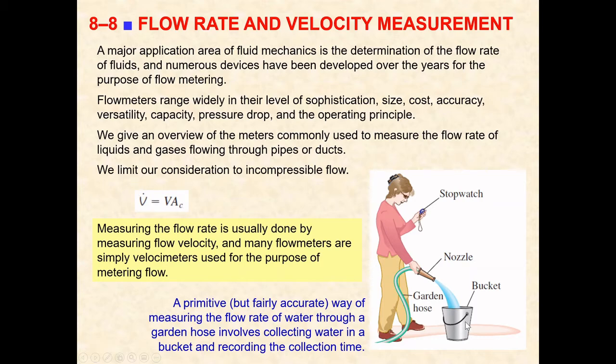So flow rate is simply the volume that passes through the nozzle and the time required for that volume of liquid to pass through. That's basically how we calculate the flow rate. Flow rate is volume over time.